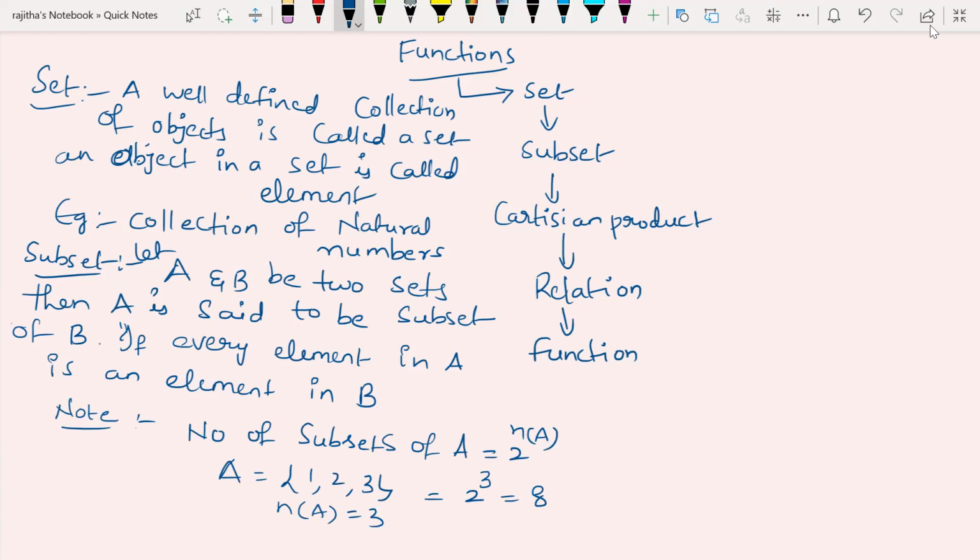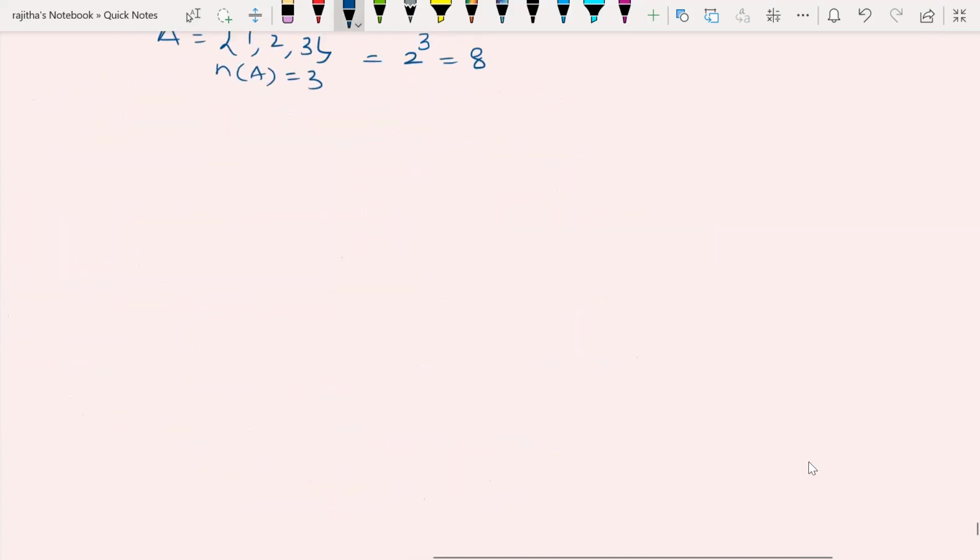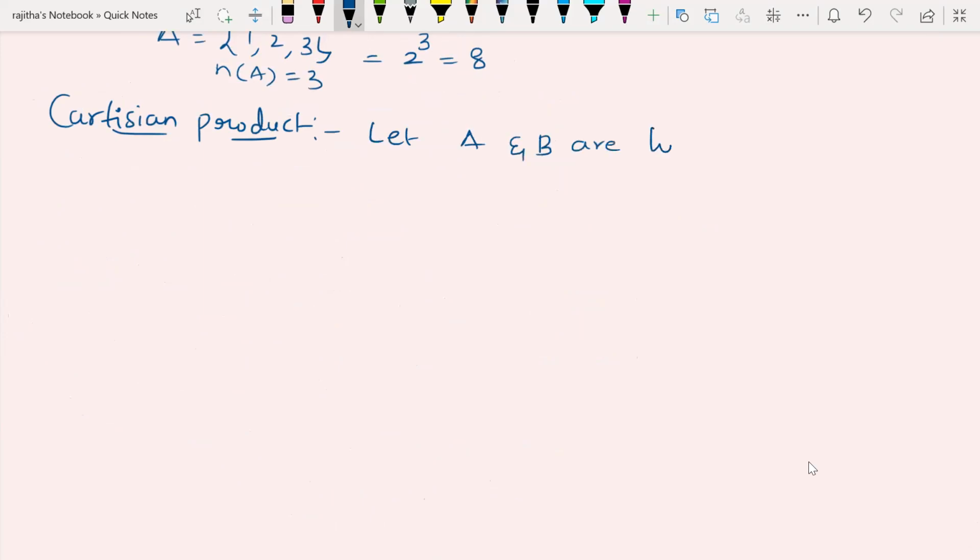Next, what is the actual definition of the Cartesian product? Let us discuss this definition. Here also let A and B be two non-empty sets.